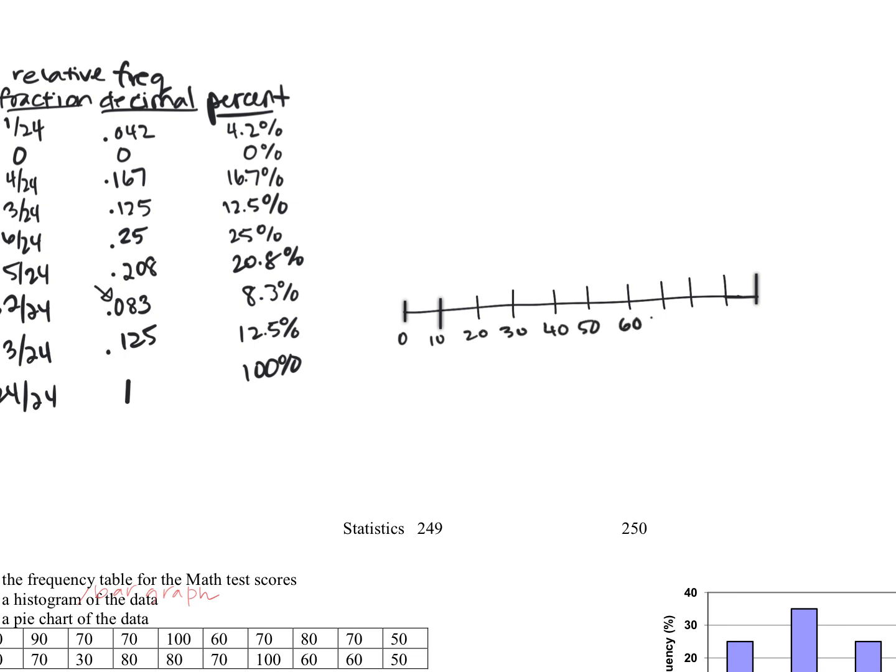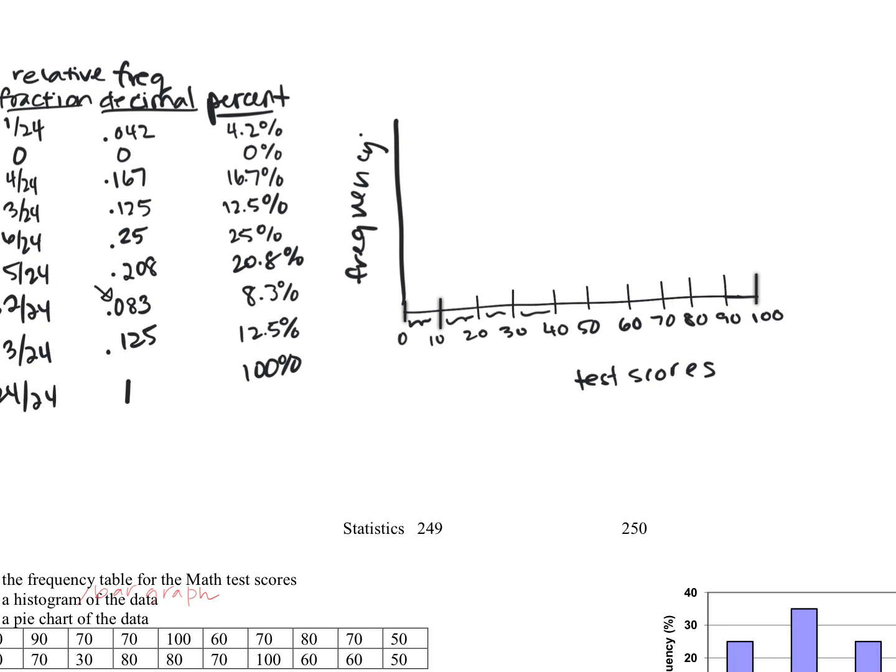And so I'll label this axis as the test scores. And then I'm going to have the frequency. And I guess I'm not labeling each of those as 10. It's like this whole thing is 10, that's 20, that's 30, that's 40, and so on. Because I don't have that range. They were exactly on those values.